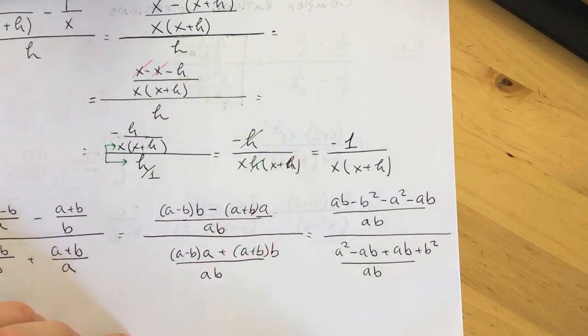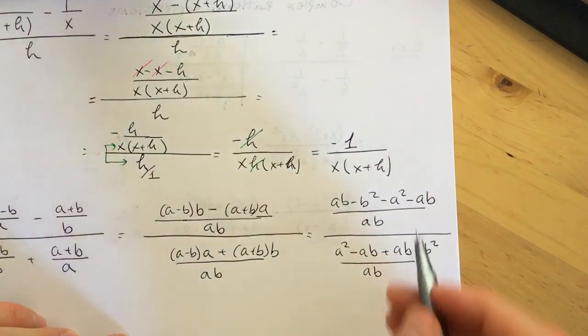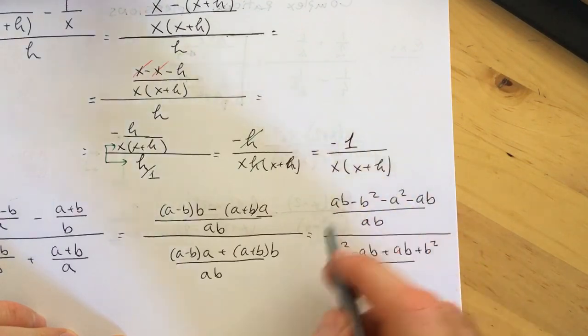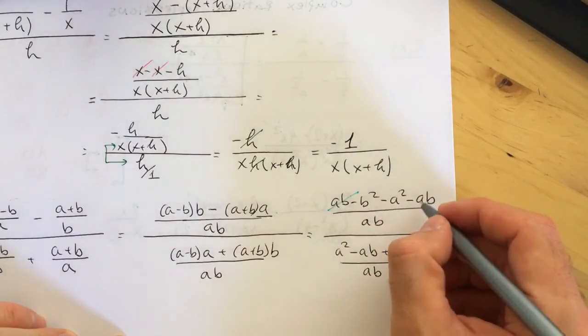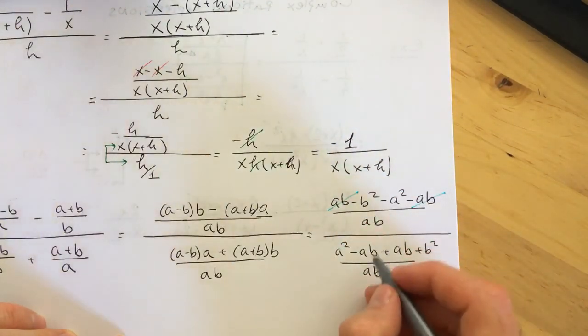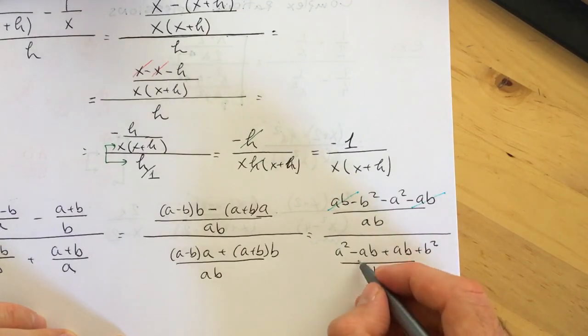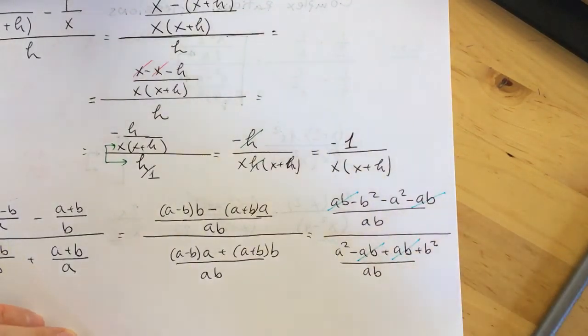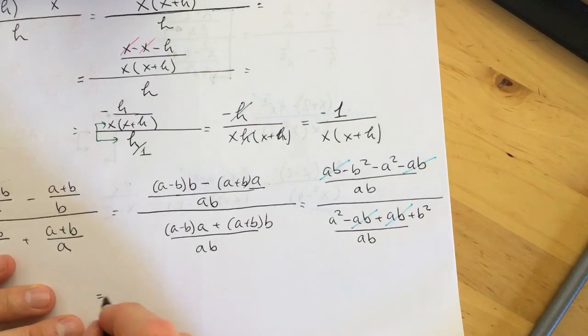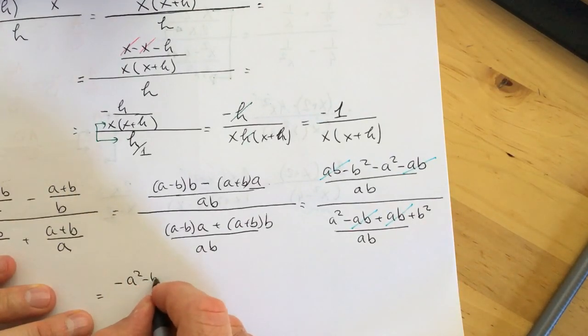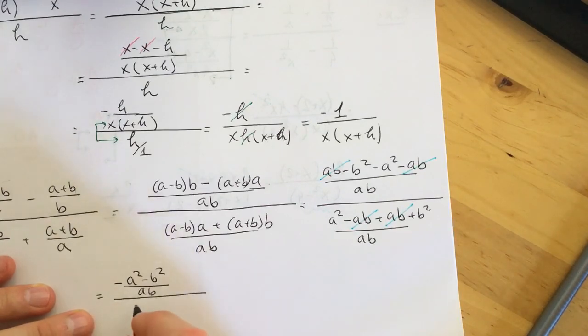So let's simplify. Let's see whether in this polynomial here I can cancel something. So ab minus ab is 0, and something similar happens here. Minus ab plus ab is 0. So we're left with negative a squared minus b squared over ab, over a squared plus b squared over ab.